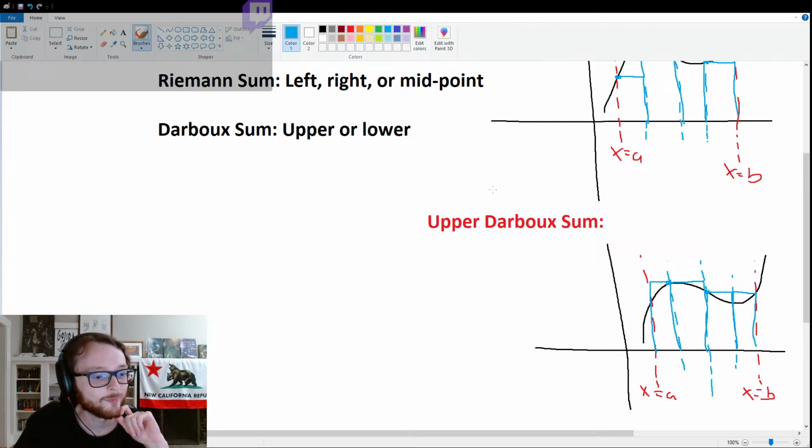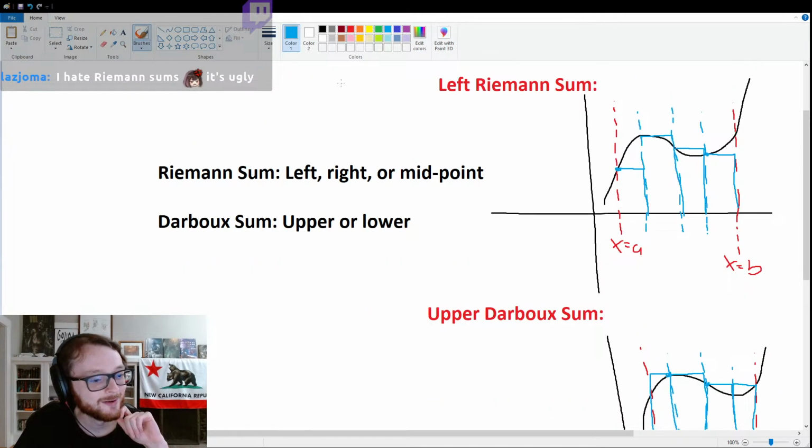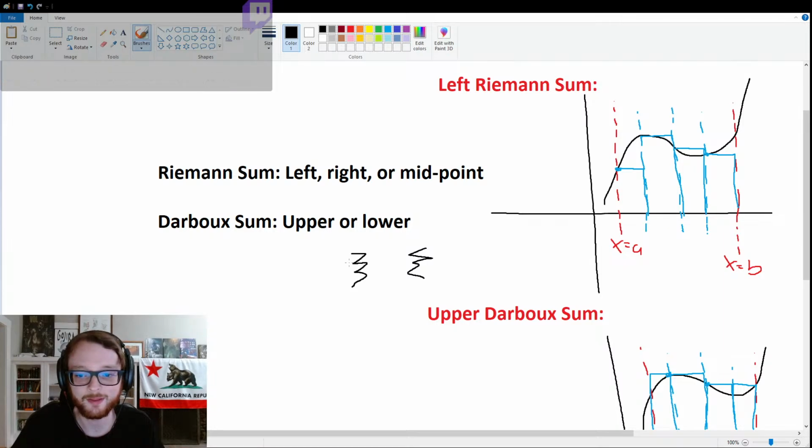You hate Riemann sums? It's ugly. The height is the springy thing, the Greek letter. Oh, are you using, I've heard it pronounced different ways, Kasai or C or something, but it's like that one? Or wait. Is it that, or did I do it backwards? I think it's the first one.